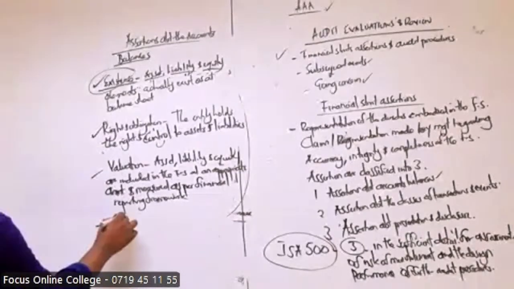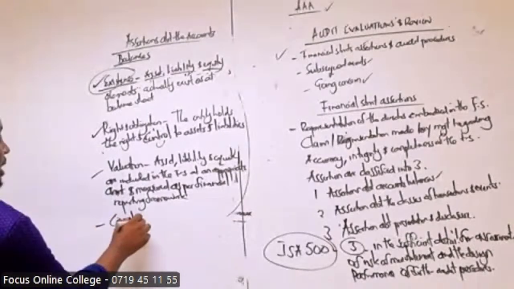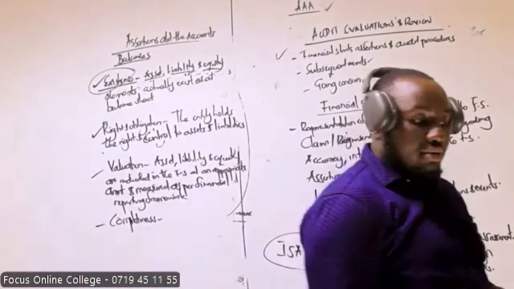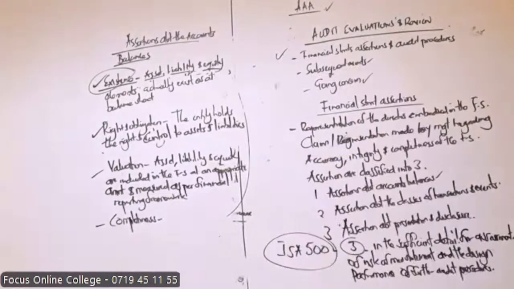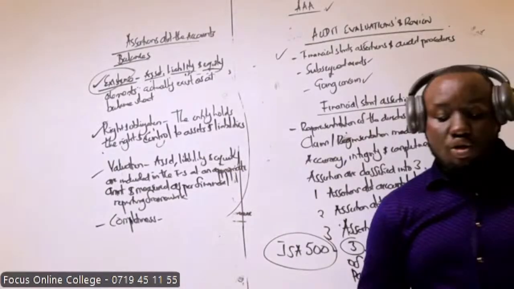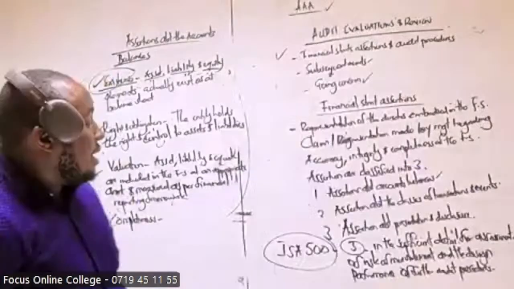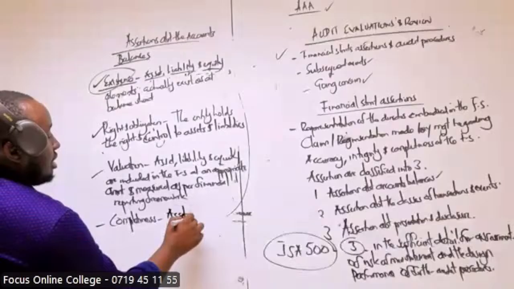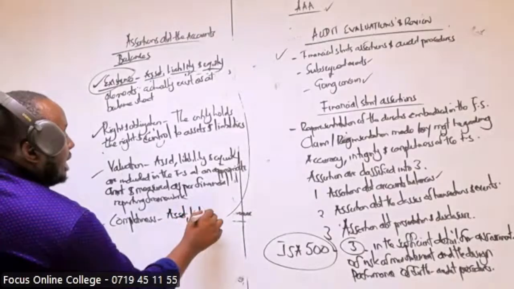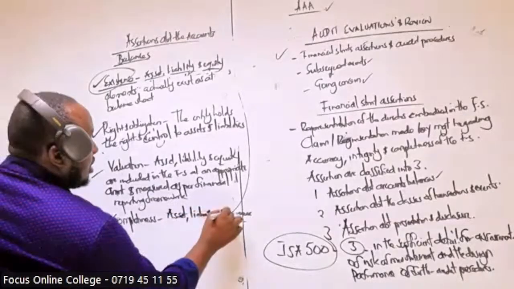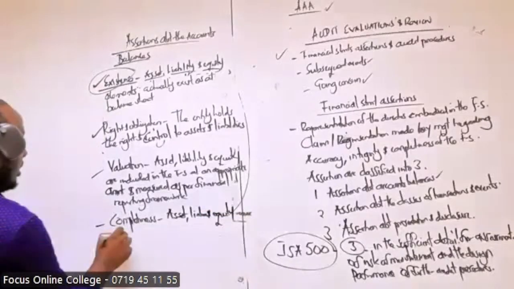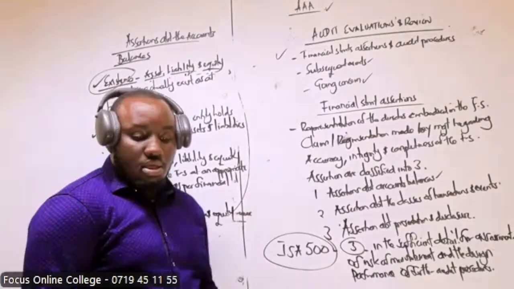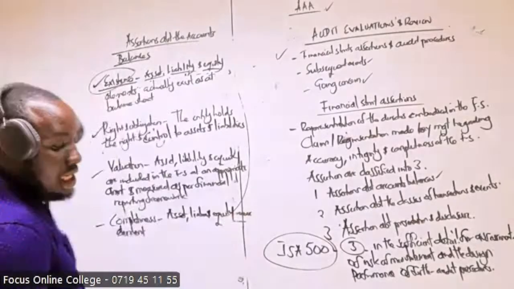Then the last one under account balances is completeness. Give me a yes if you're there. On completeness, we say that assets, liability, and equity elements have been included in the financial statement.